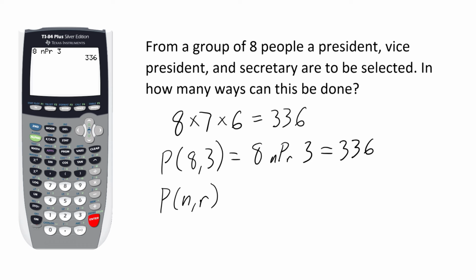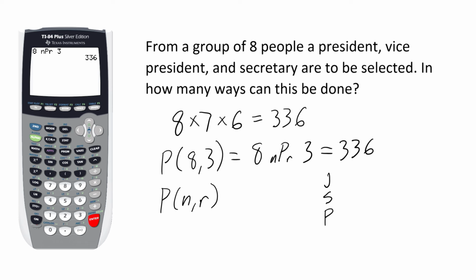As a part of that 336, there could be the same people as president, vice president, and secretary, but all jumbled up. Let's say that the president's first initial was J, the vice president's first initial was S, and the secretary's first initial was P. So that's one of those 336.